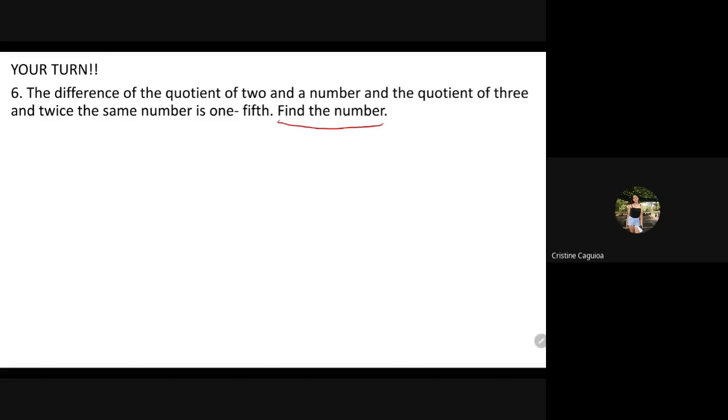You have to transform this one into mathematical sentence. Yung difference, of course, that's minus. Quotient of 2 and a number at saka yung quotient of 3 and twice the same number, ang is po ay equal. Alam natin ang 1/5.